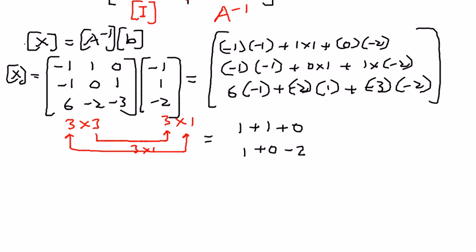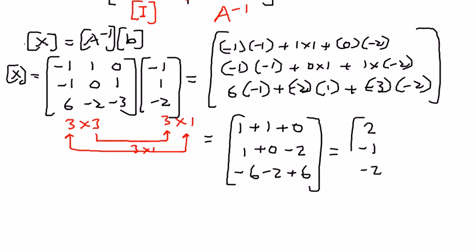And in the third row, we have 6 times -1 is -6, -2 times 1 is -2, -3 times -2 is +6. So we can simplify this some more. 1 plus 1 is 2, 1 minus 2 is -1, and then -6 plus 6 cancels out, and we are left with -2.